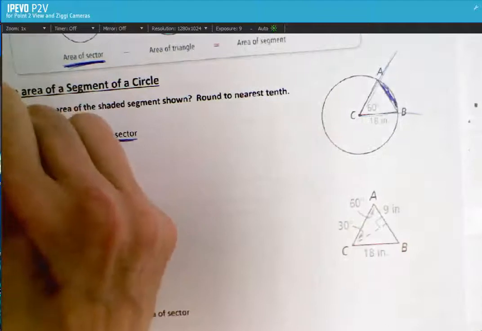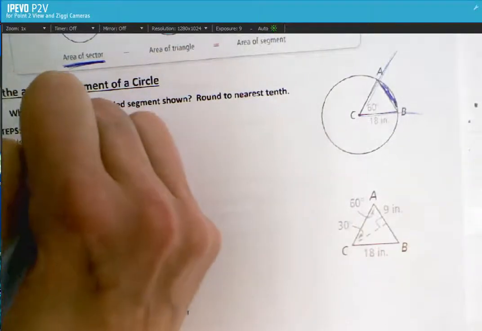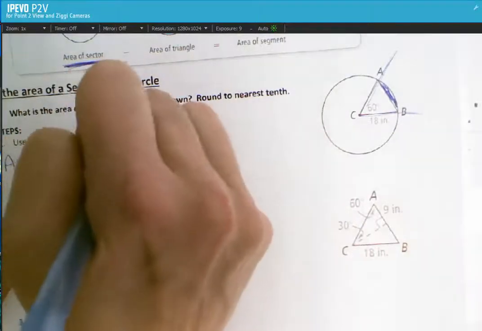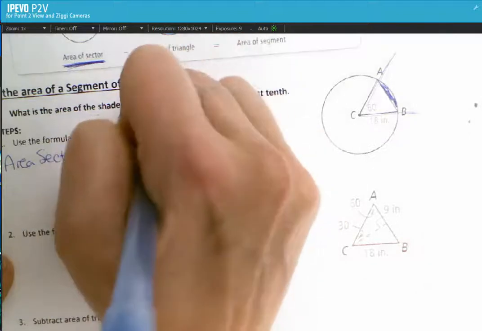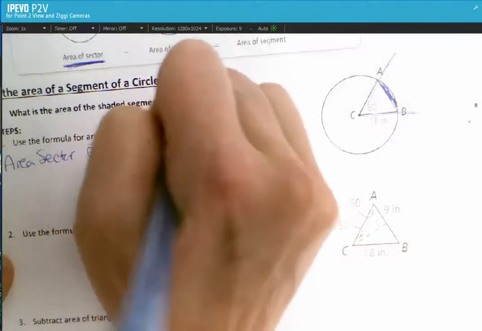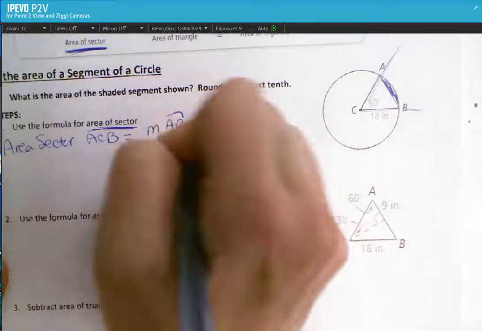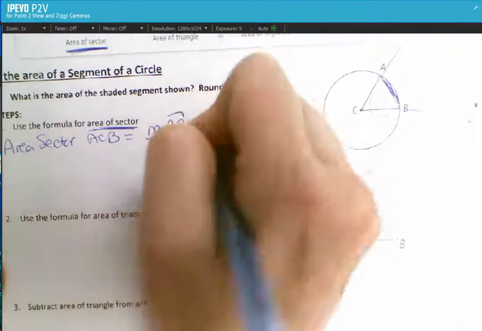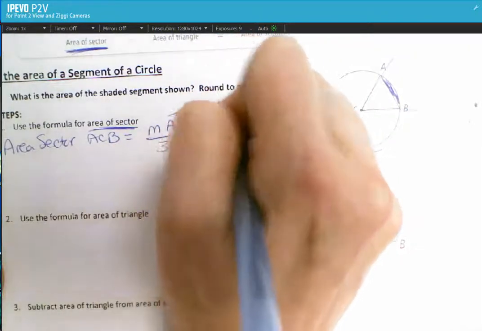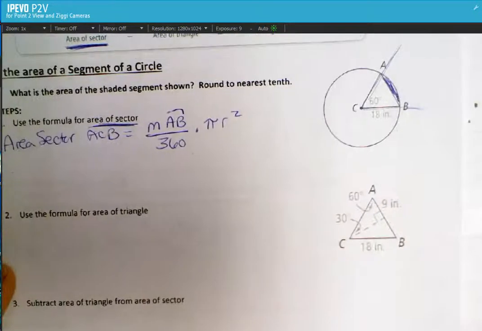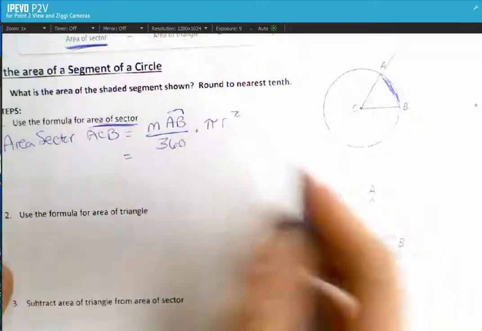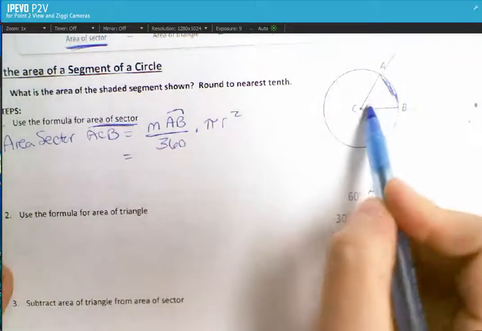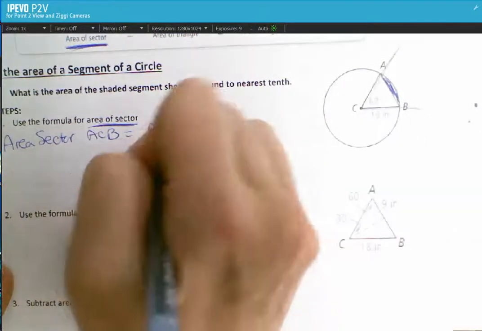I know the area of sector ACB is equal to the measure of its corresponding arc over 360. So it's a ratio of the entire area, because we're dealing with area. Substituting in the pieces we know, the measure of the arc is its central angle.